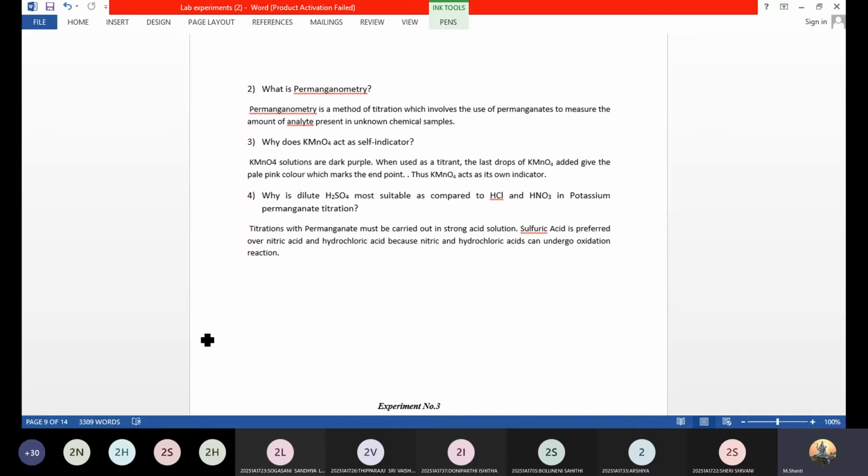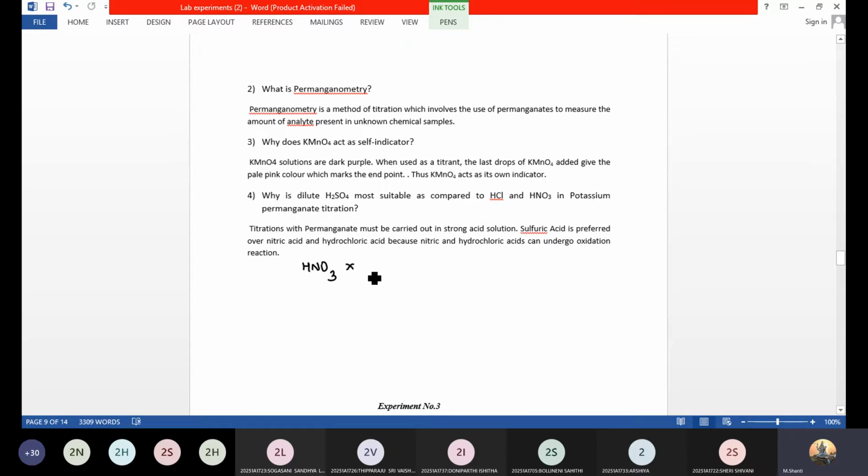Why are we adding dilute sulfuric acid, but not dilute HCl or HNO3 here? Dilute sulfuric acid is stronger, ma'am, compared to HCl. HNO3 is not added because it is a stronger oxidizing agent than even KMnO4.